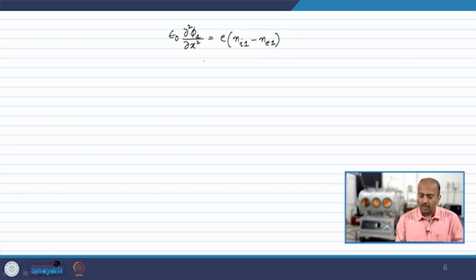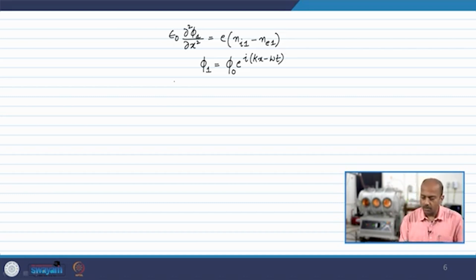We can take phi1, the perturbed potential. What is phi1? Phi1 is responsible for the creation of that electric field, which is E1 also, because of the disparity in the number of electrons and ions that you have imposed. So, phi1 is, let us say, phi naught e to the power of i(kx minus omega t).